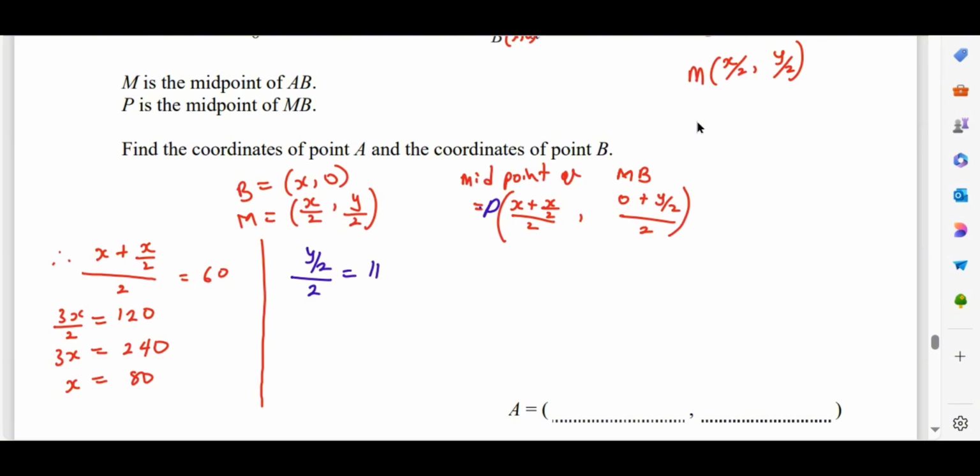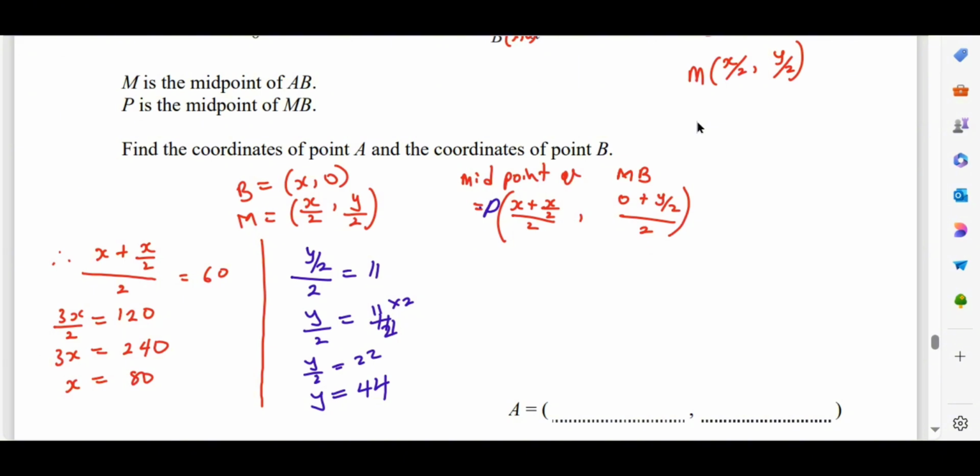So that will give us that y over 2 equals 11 times 2, which is 22, and then we multiply again. So we have gotten our x, we have gotten our y.